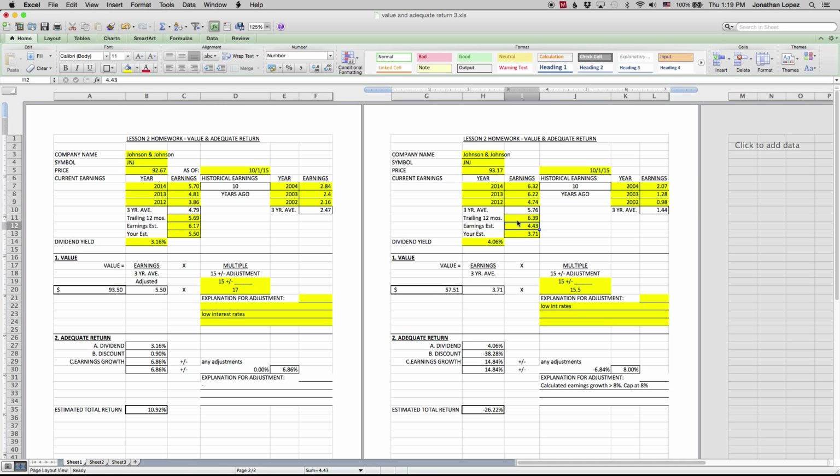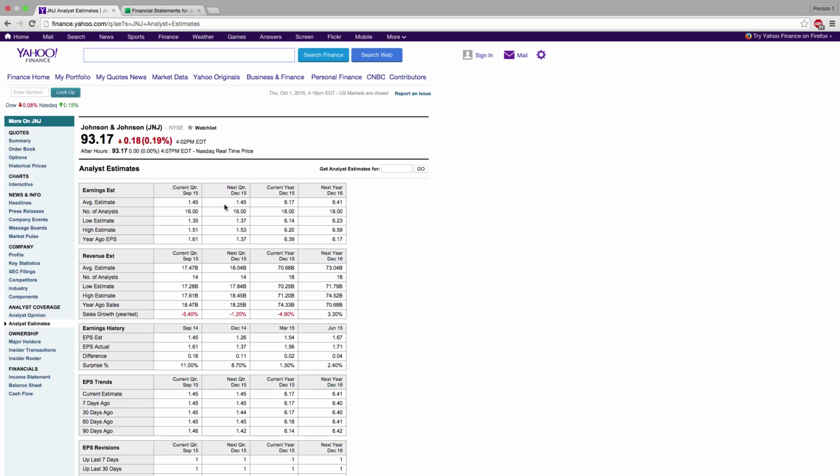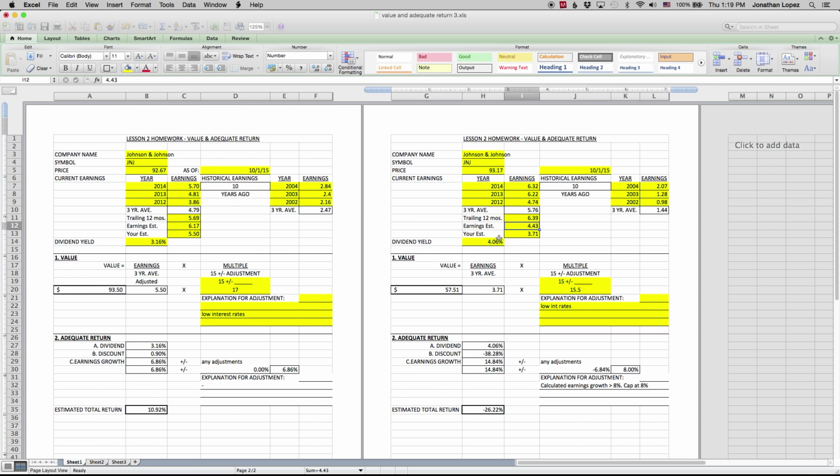And the analyst estimate, again, Yahoo Finance, average estimate $6.17.